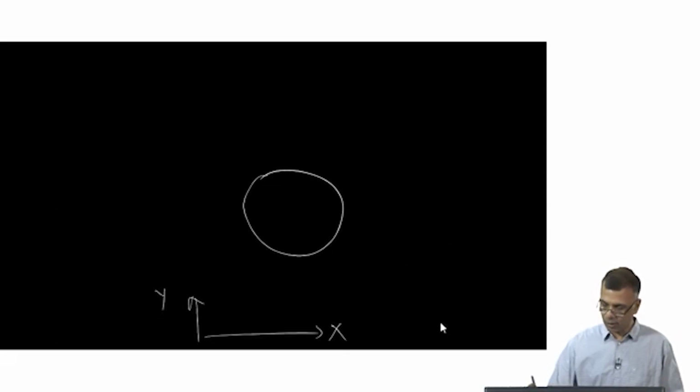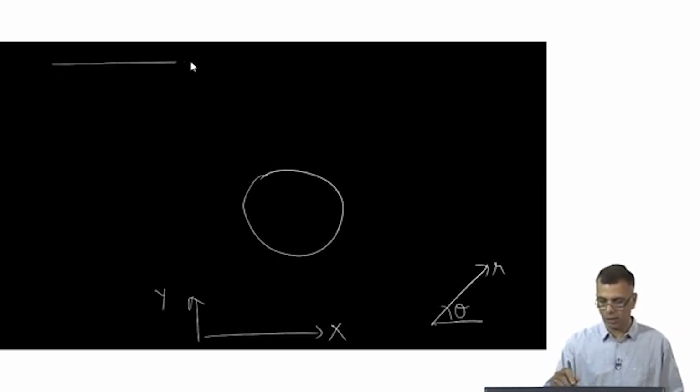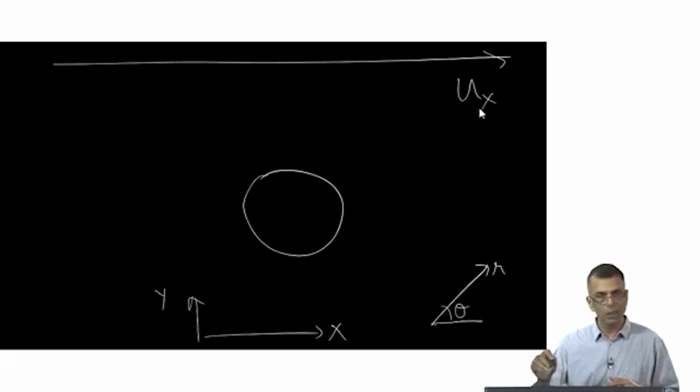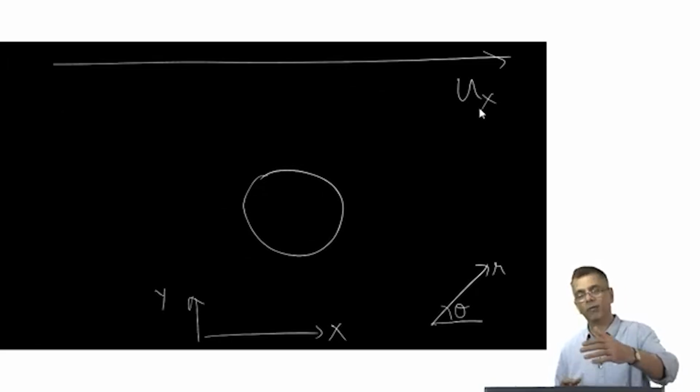Although we are really talking in terms of spherical polar coordinates, r and theta, what we're really saying is that at infinity, very far away from the sphere, the fact that there's a sphere present hardly has any influence on the flow. If the flow was flowing in the x direction like so, no question of any gradients or anything, because we are talking about inviscid fluids. So the sphere hardly disturbs the flow very far from its surface.